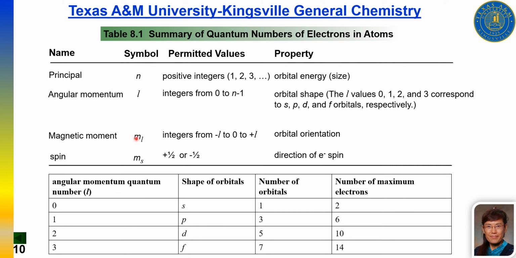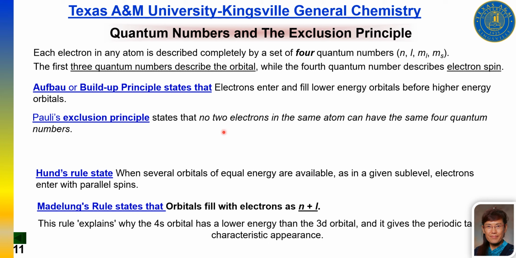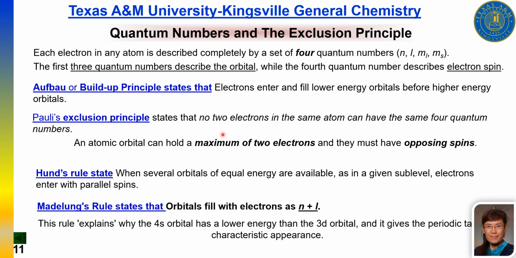And also you have magnetic quantum number, integer from negative L to 0 to positive L. This quantum number represents the orbital orientation. The very last one represents electron spin quantum number MS. So it can only be positive 1/2 or negative 1/2, representing the direction of your electron spin. And we also have 4 different rules which allow us to distribute the different electrons into the different orbitals.